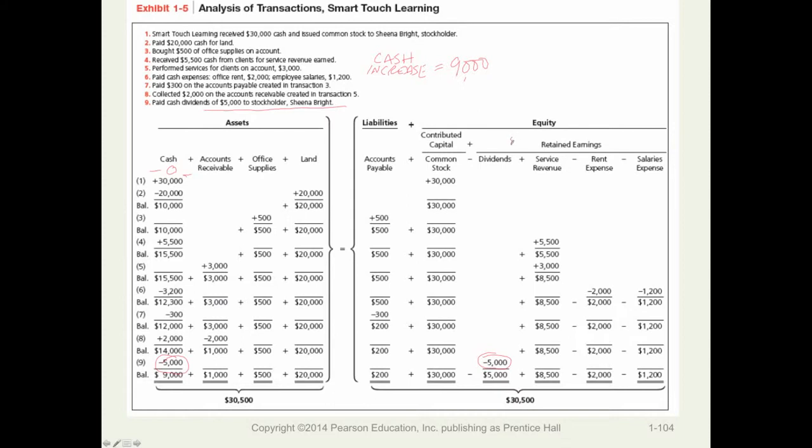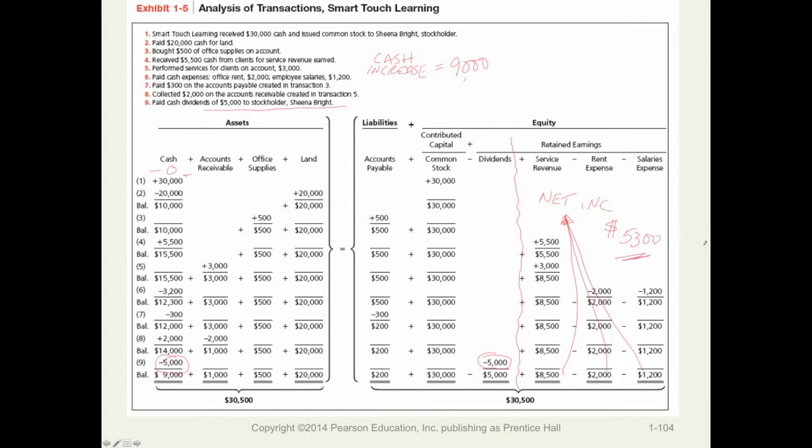Notice also that when we look at the stockholders' equity section, dividends are not part of income, because your net income again is going to be 53. So net income is 53.